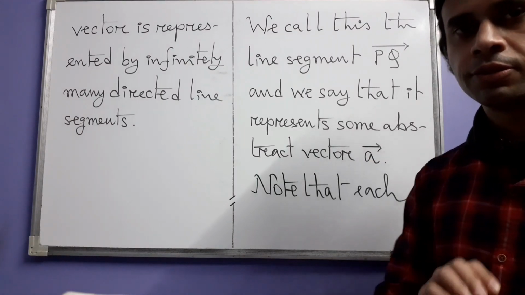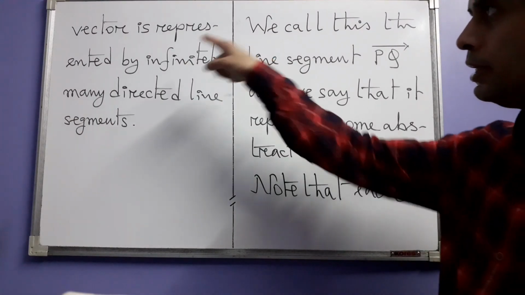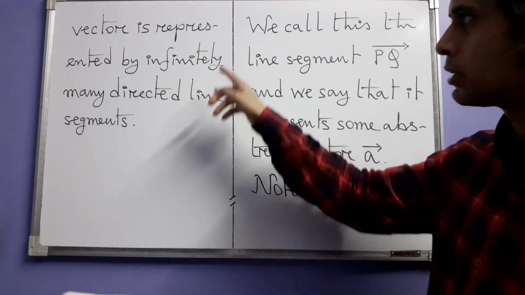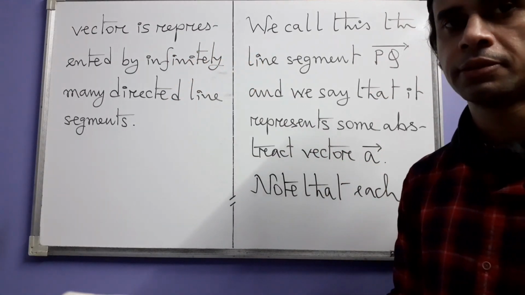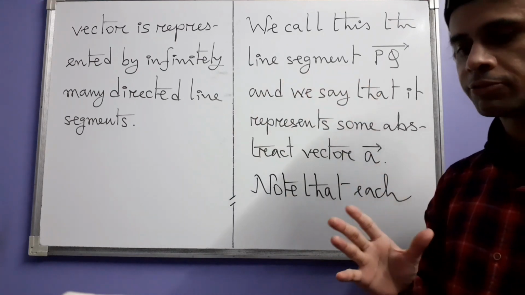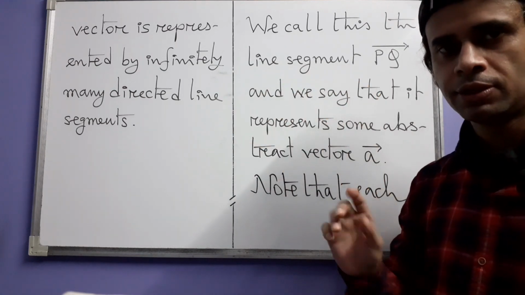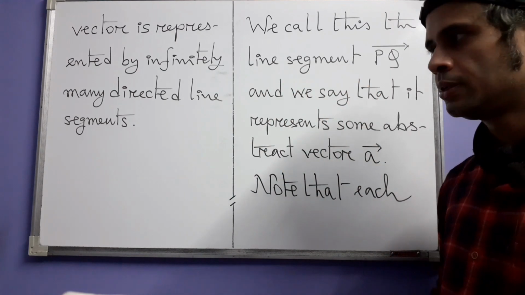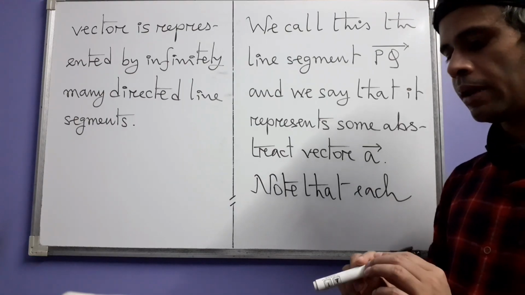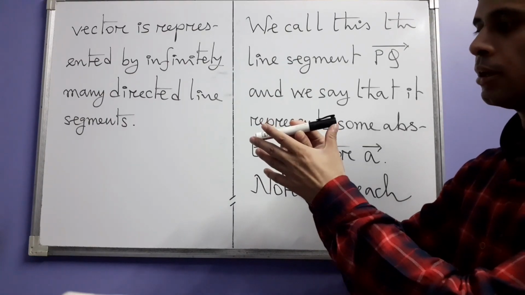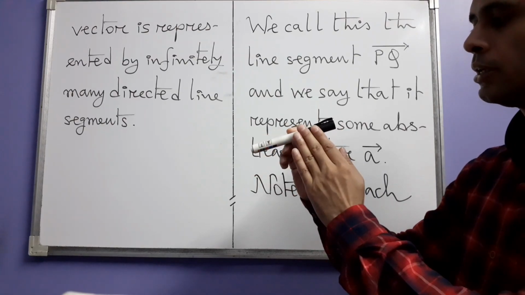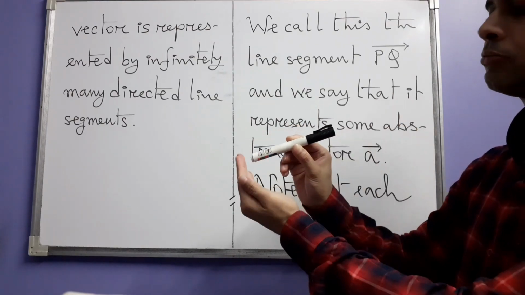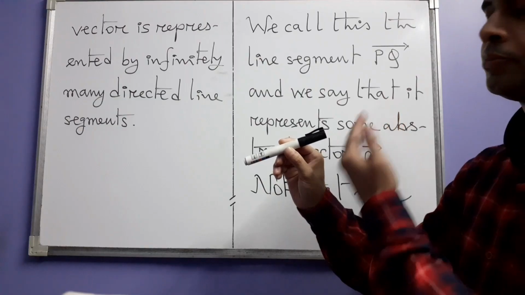You should also note this fact that each abstract vector is represented by infinitely many directed line segments. Say you have some abstract vector which has some magnitude and some direction. The magnitude just happens to be equal to the length of this marker in some unit, and the direction is this, in this direction.